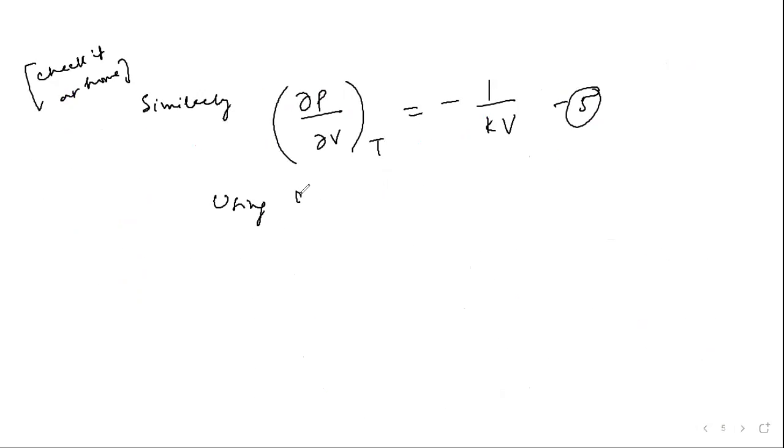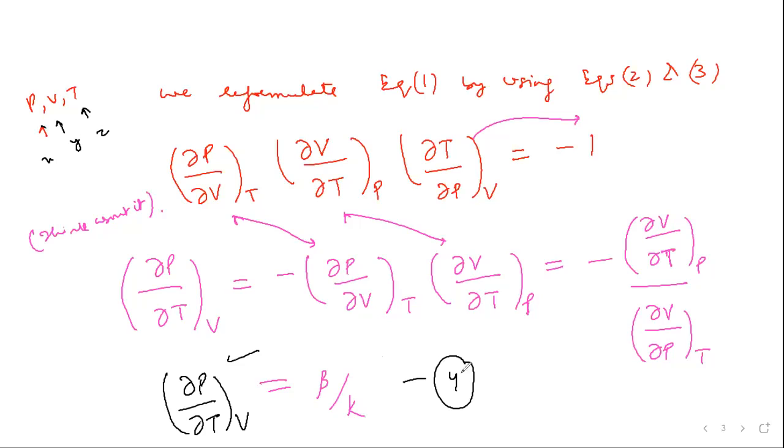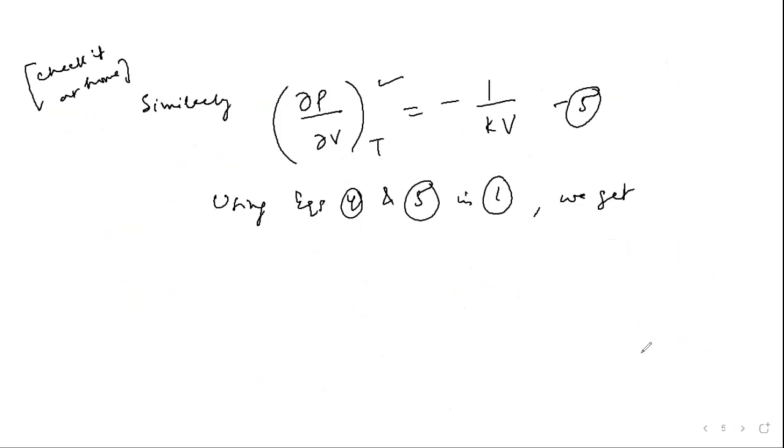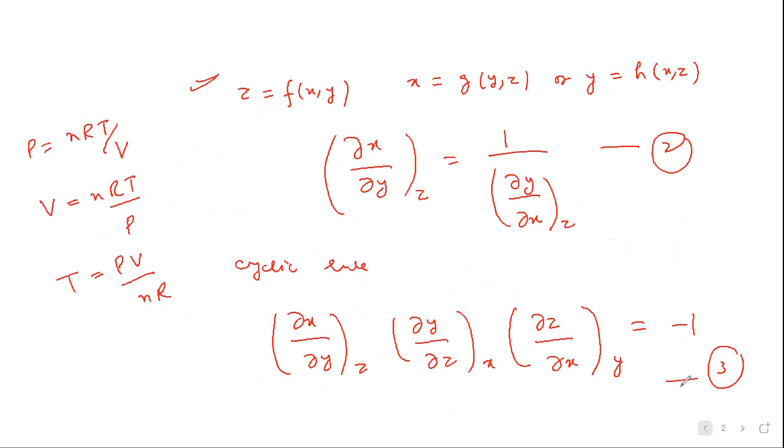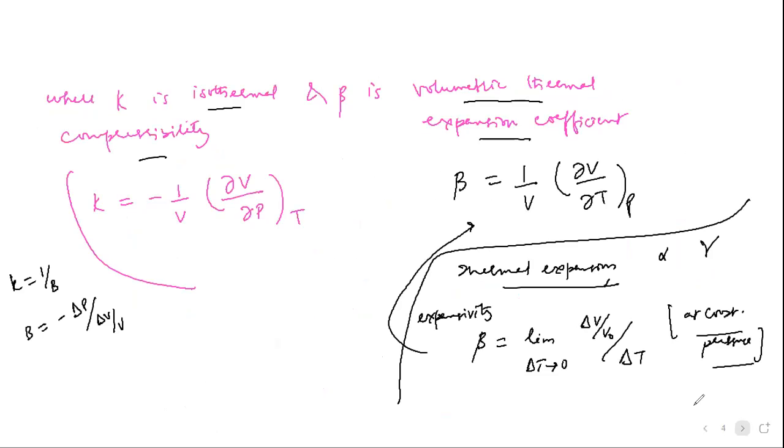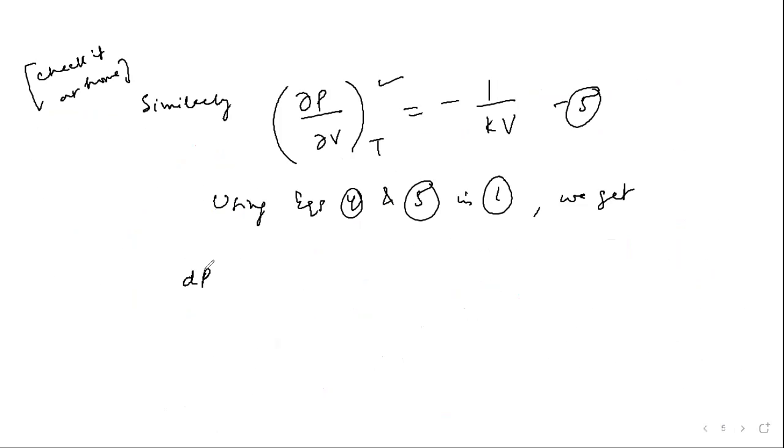Using equations 4 and 5 in first, that means putting the values of these two partial derivatives in equation 1, we get the change in pressure dP is beta by K dT minus 1 by K V dV. I name it 6.